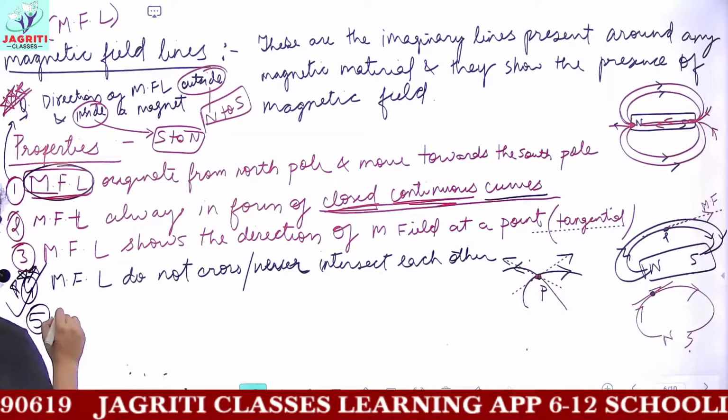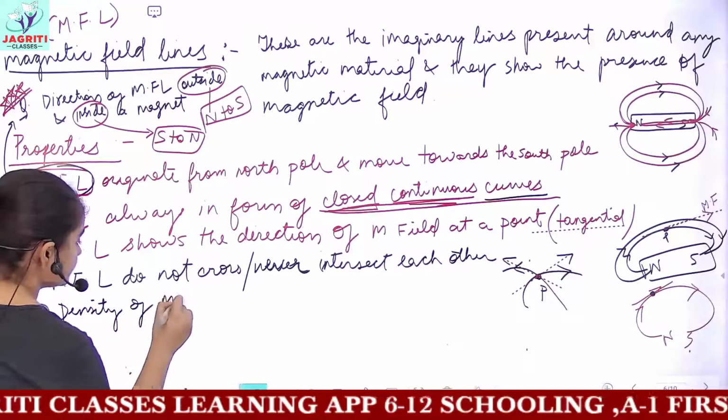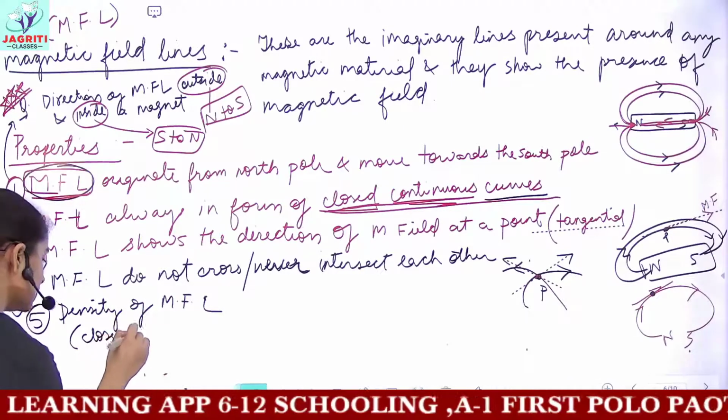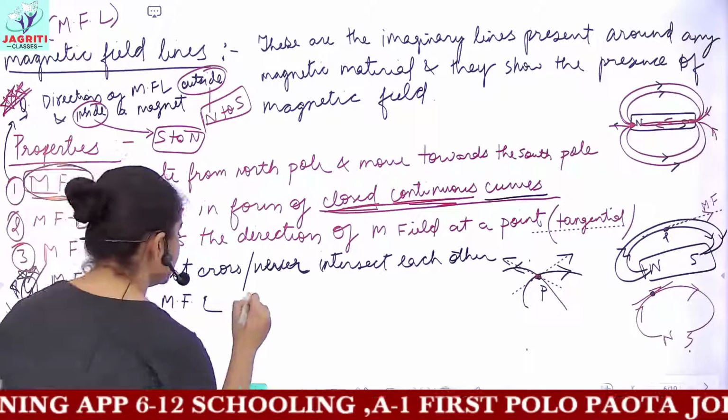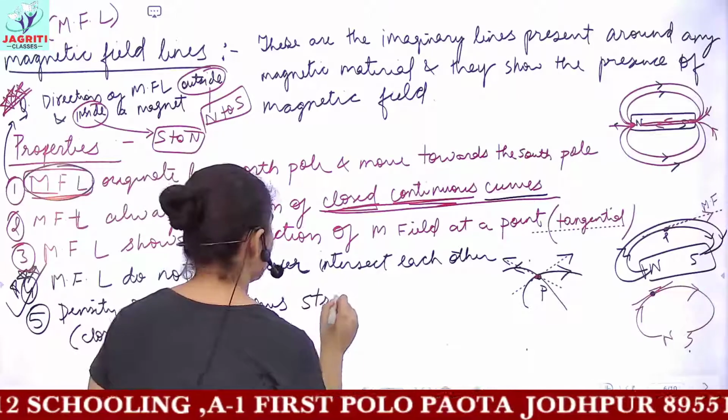And the fifth point is the density of magnetic field lines. Density means the closeness. So the density of magnetic field lines shows the strength of the magnetic field.